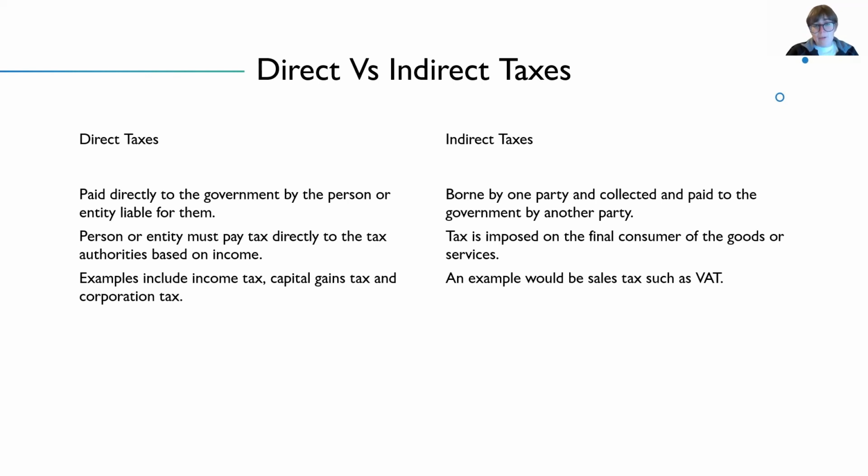Well, that includes VAT, so Tesco's will keep that 50 pence. The 10 pence extra they will then pay on to the government because it is a tax payment. So the tax is imposed on the final consumer of the goods or services.